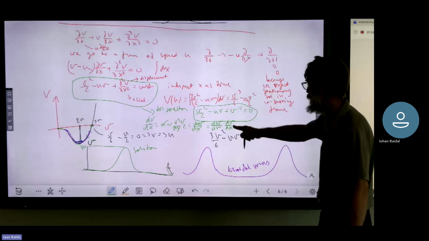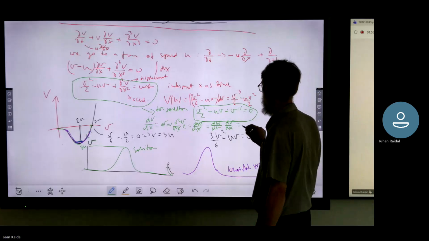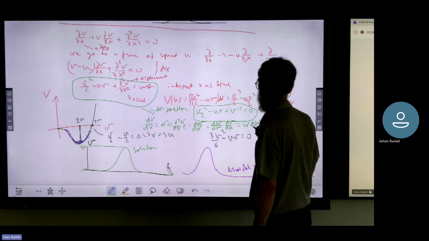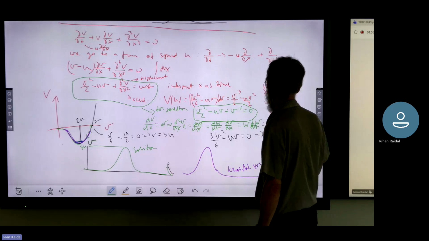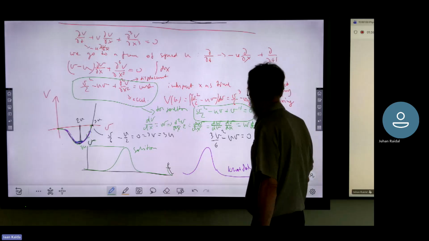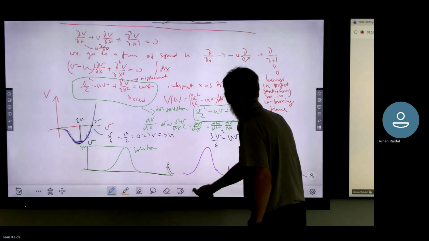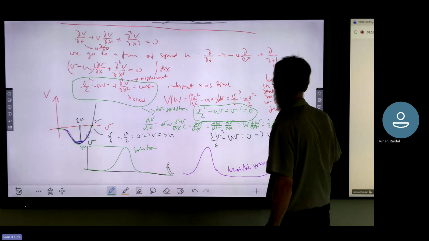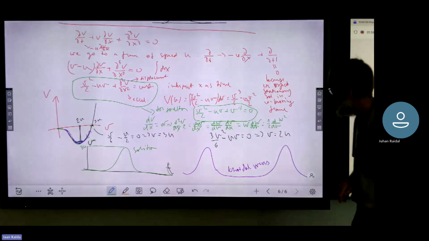And dv over dx is another w. So it is w dw over dv, which is 1/2 d over dv of the w squared, right?